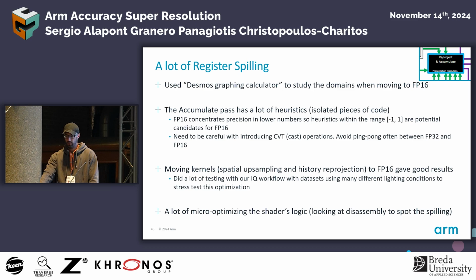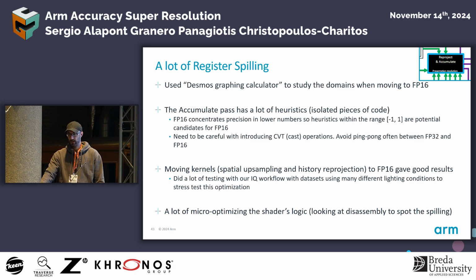But we also need to be careful not to introduce casting instructions from FP32 to FP16, and the opposite. These conversion operations will appear as CVT instructions in the Mali offline compiler. CVT is the converting unit.